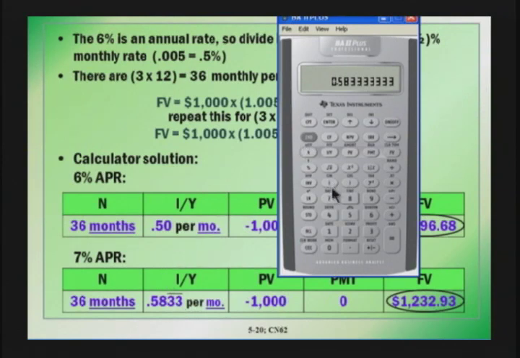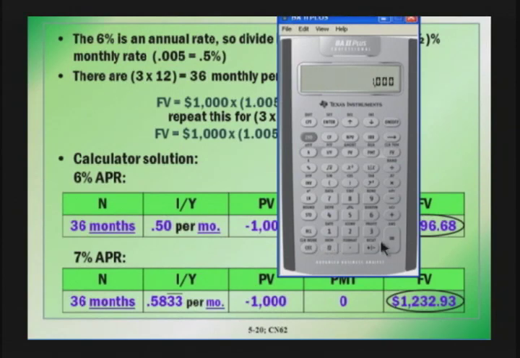The 7% APR divided by 12 months per year is 0.5833333% per month. Hit the IY key and it will store that in there as your monthly interest rate. 0.583 repeating percent per month.